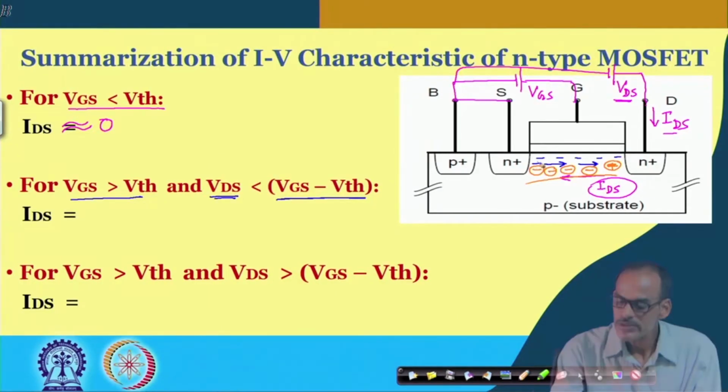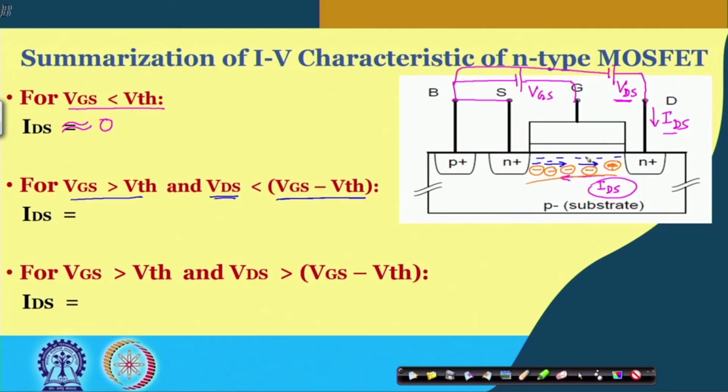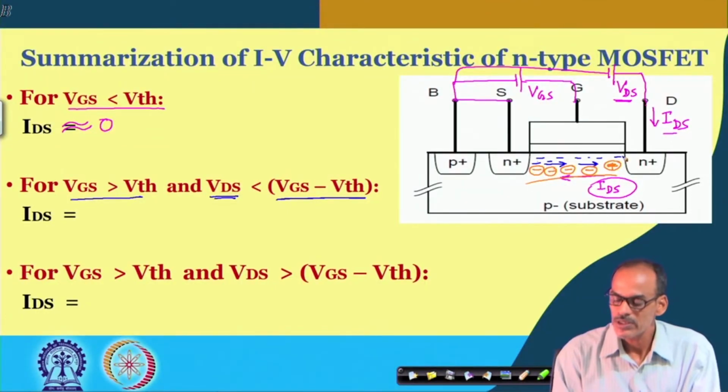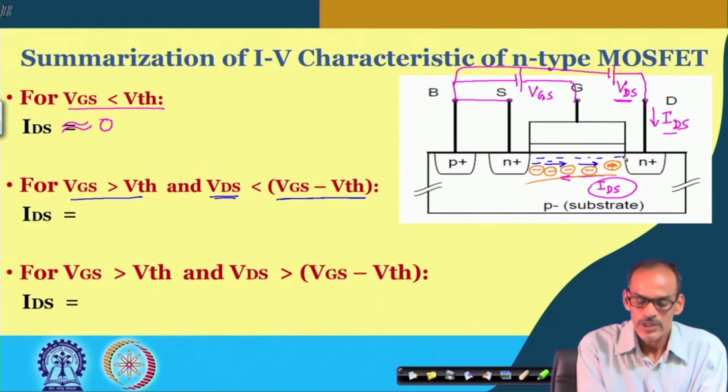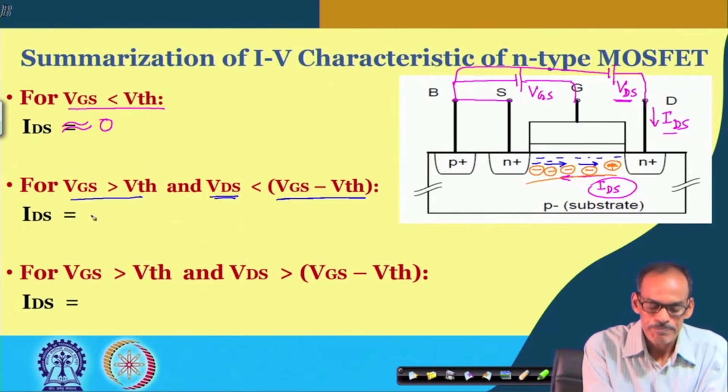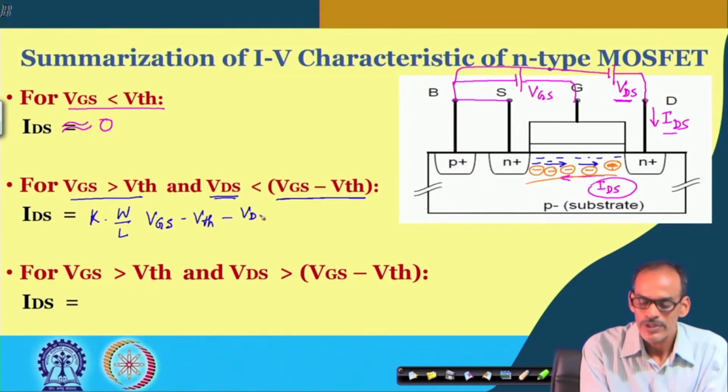Maybe the channel is stronger here and weaker there, but finally we have the channel spreading across the length, and with that condition the current is K W by L times VGS minus VTH minus VDS by 2, multiplied by VDS.